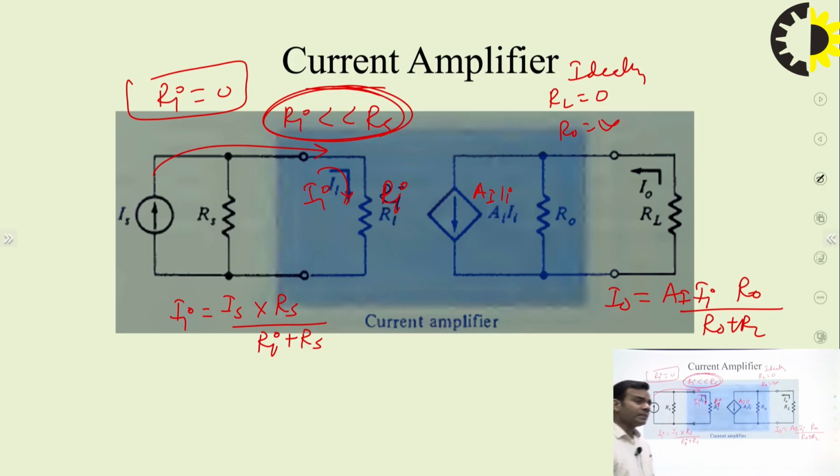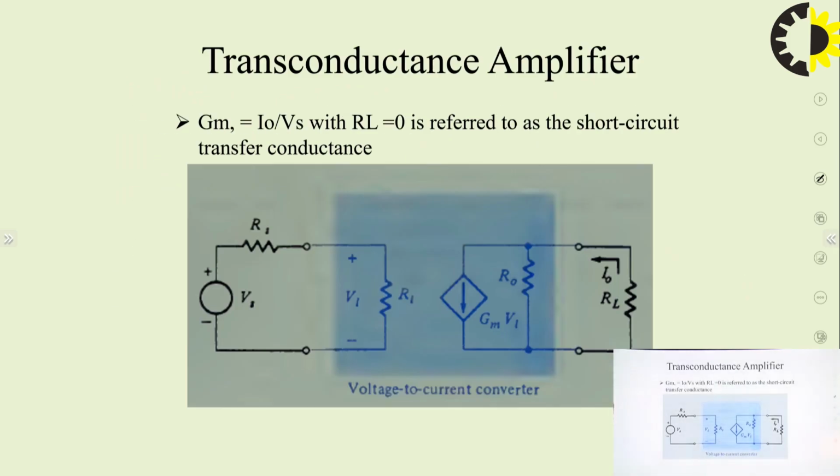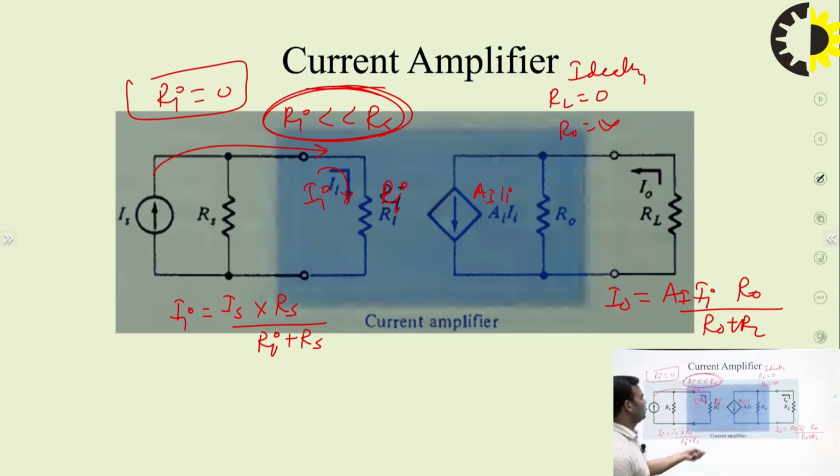In this way this circuit can provide maximum output. So we should remember these few conditions to get maximum output. This is what is written over here. And obviously this Ai is equal to I naught upon Ii.